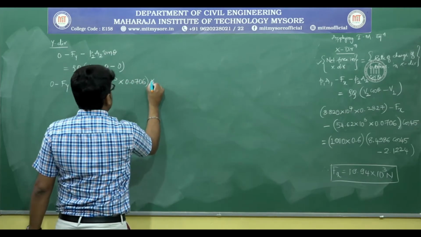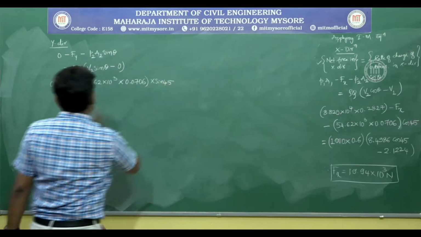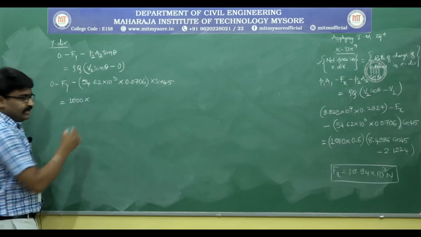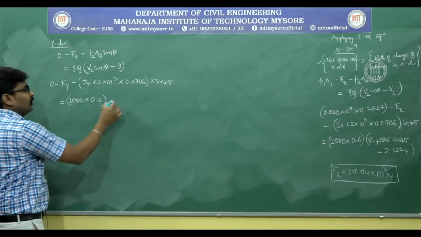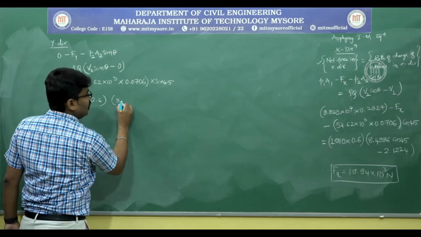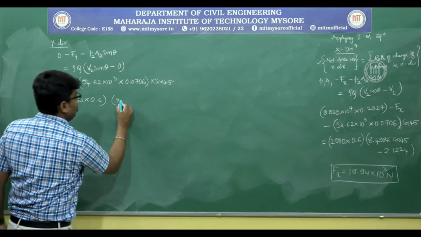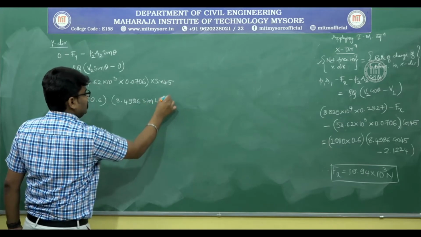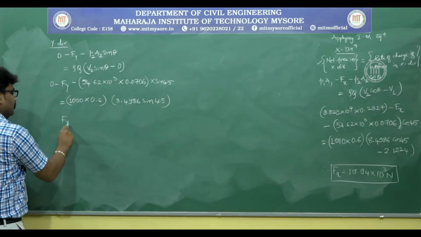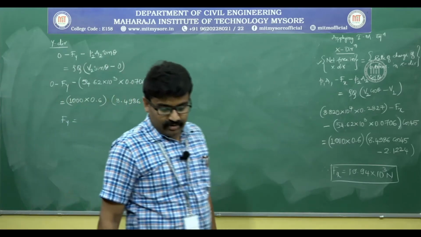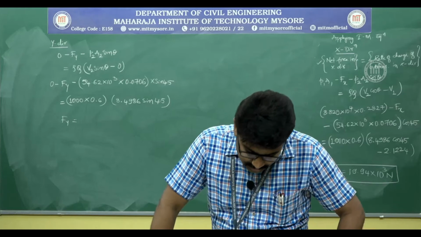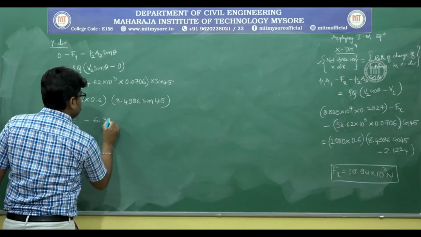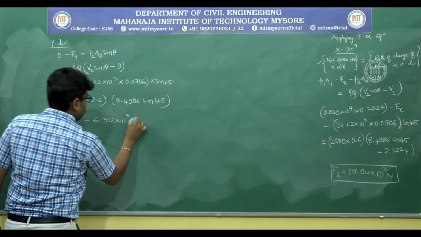This must be equal to rho Q: rho is 1000, Q is 0.6, into V2, which is 8.4986, into sin 45. The only unknown in this equation is Fy. Solve for Fy and you will get minus 6.302 into 10 power 3 Newton.